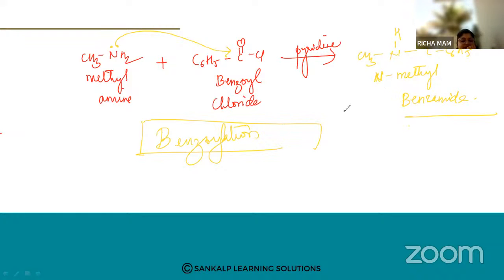This reaction is called benzoylation. Next important reaction is the carbylamine reaction. Mark this as important for 3 marks.